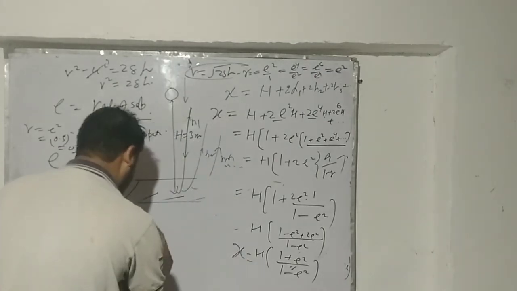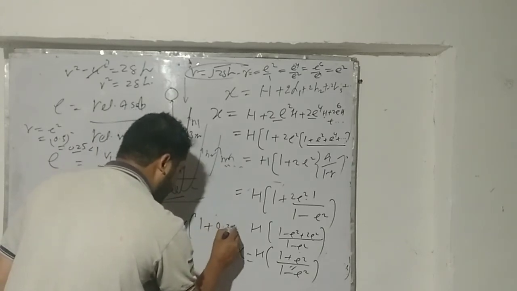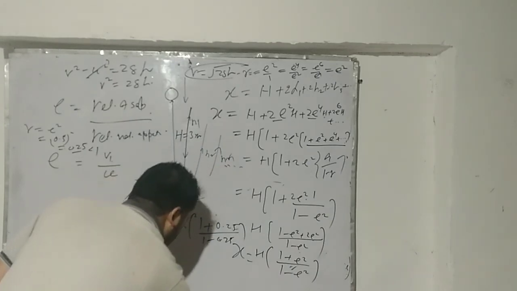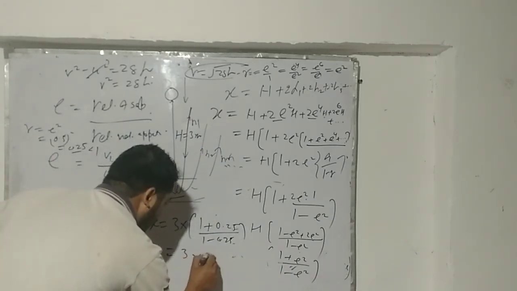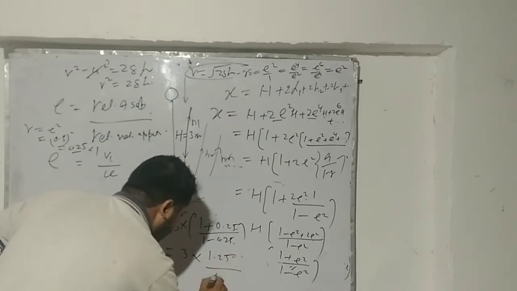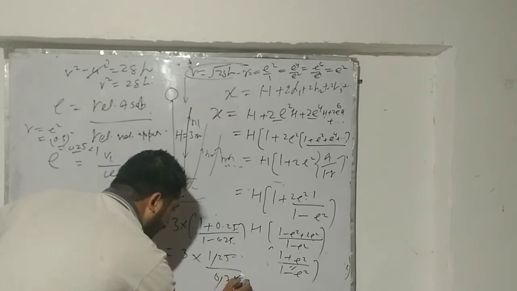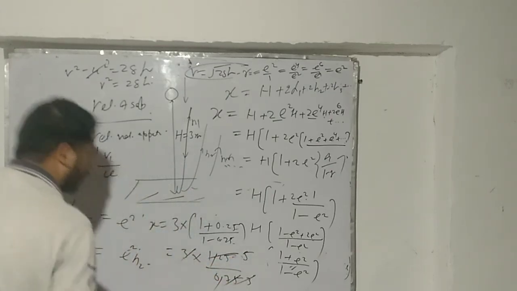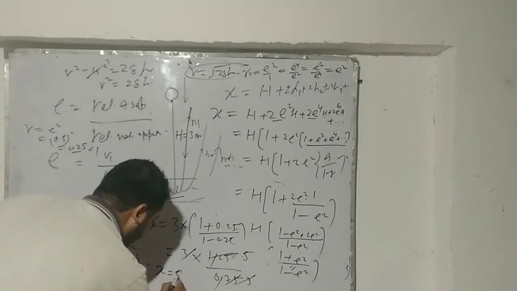So my x will be, h is given as 3, times 1 plus 0.25 over 1 minus 0.25. After solving it further, it will be 1.25 over 0.75. This will go with this, 25 3s are, 25 5s are, and this 3 will go with this. Simply my x will be 5 meters.